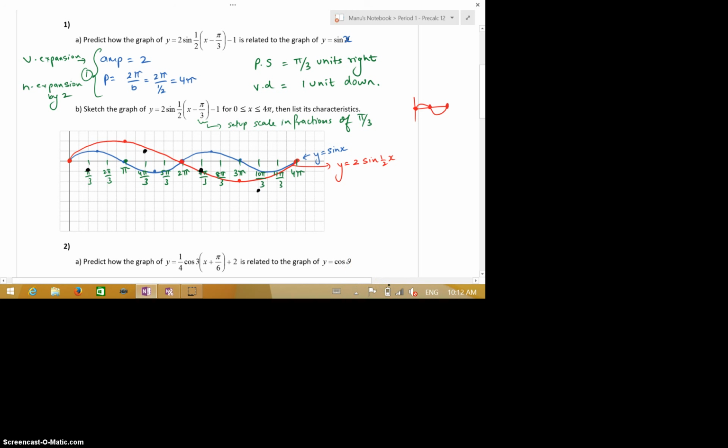And then lastly, 4 pi and 0 is going to end up at 13 pi over 3 and negative 1. I will connect the dots and I'll end up with this graph right here.